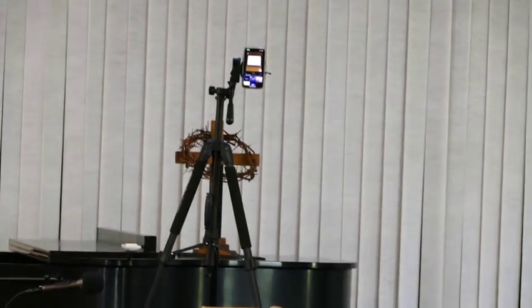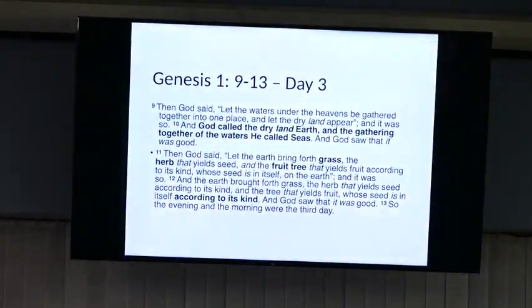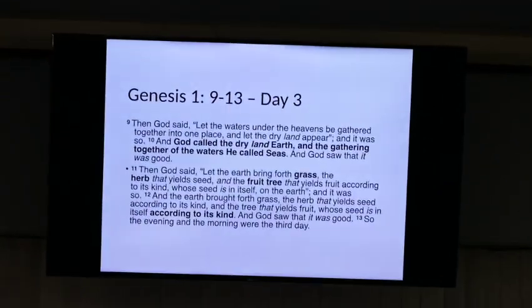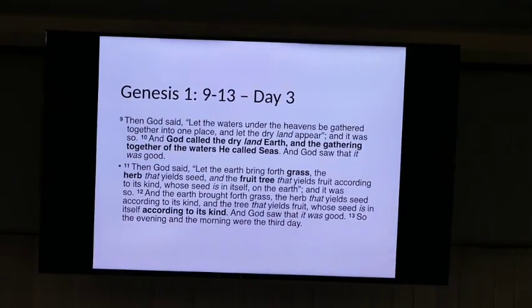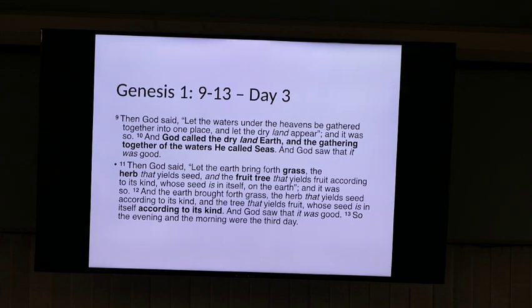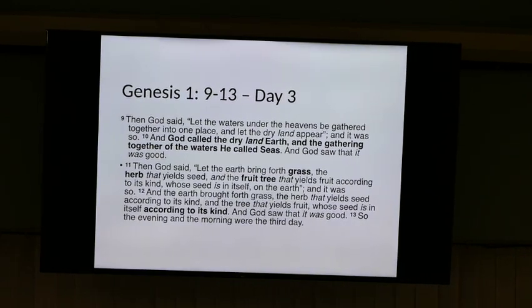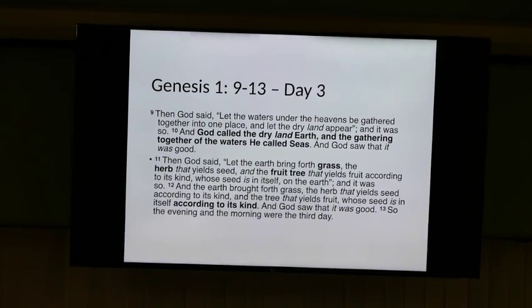Then God said, let the waters under the heavens be gathered together into one place, and let the dry land appear. Notice up to this point, this globe has been covered with water. But now he's moved stuff, and we now have land.